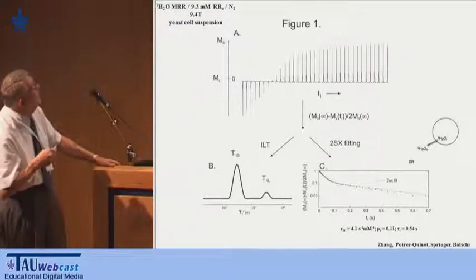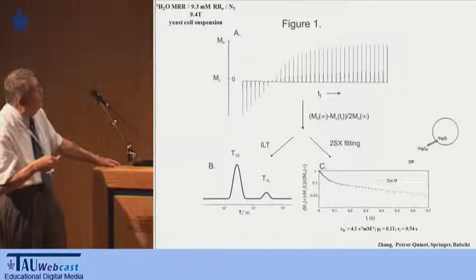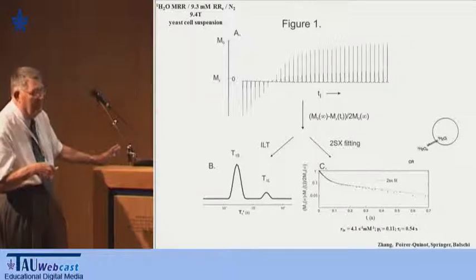And when you have 9.3 millimolar paramagnetic agent on the outside, it's definitely not a straight line. There are two components, and you could do an inverse Laplace transform of this recovery, and you can see that it's not monoexponential.